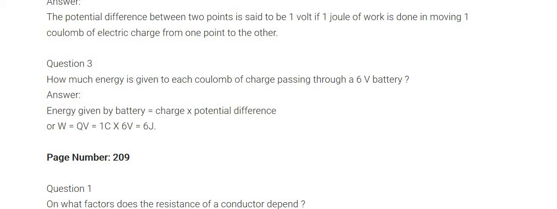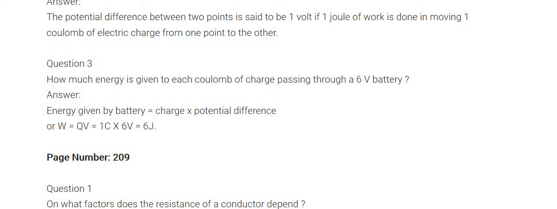The next question: how much energy is given to each coulomb of charge passing through a 6 volt battery? Here we know the charge is 1 coulomb and the potential difference is 6 volt, and we have to find the energy.